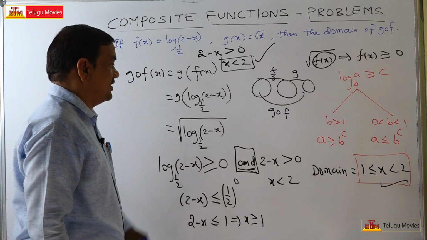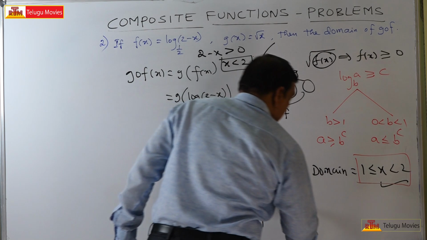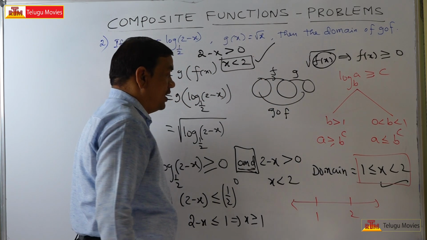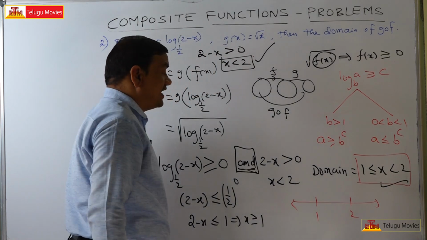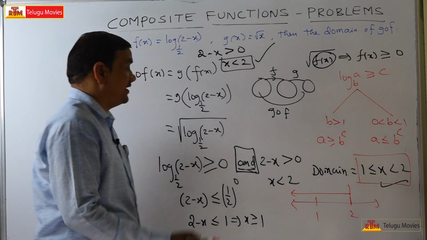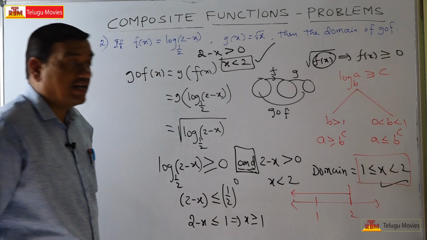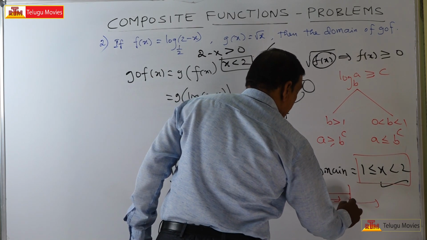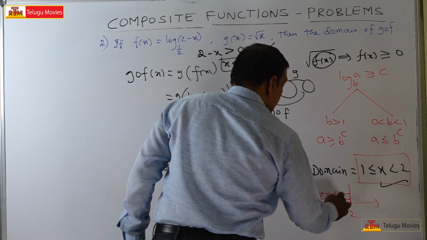So here this is 1, this is 2, and x less than 2 means completely this side. The second interval lies between 1 and 2. This is the intersection part.